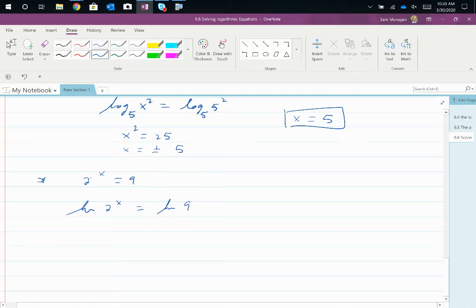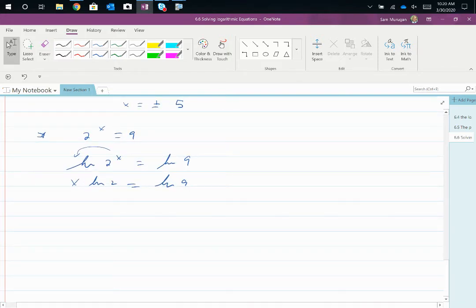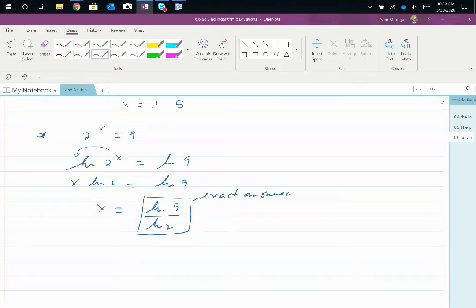Now, if you bring the x to the front using the power rules, it is x ln 2 is equal to ln 9. And then divide both sides by ln 2, so x is equal to logarithm 9 over logarithm 2. This is the exact answer. And if we put this into a calculator, you can get an approximate answer to the problem.